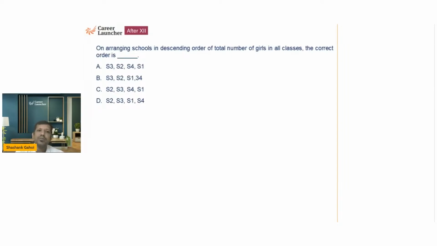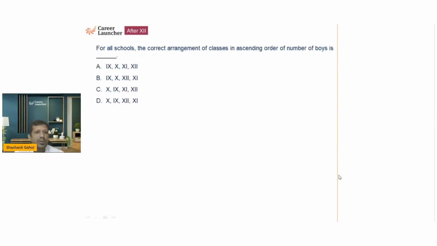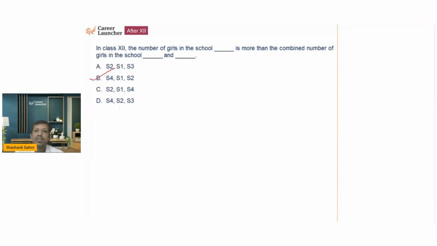So arranging schools in the descending number of total girls is, okay. Okay, so I need the sum of the boys in what? In classes. Okay, so I'm going to calculate. The question is talking about, just let me go through it again. Correct classes in the ascending number of boys.